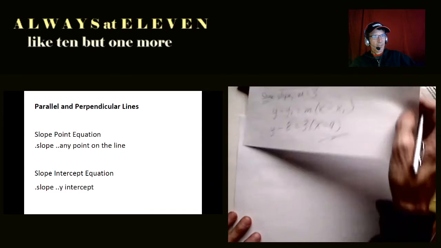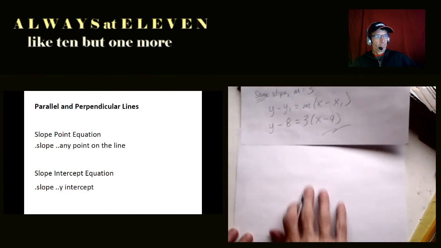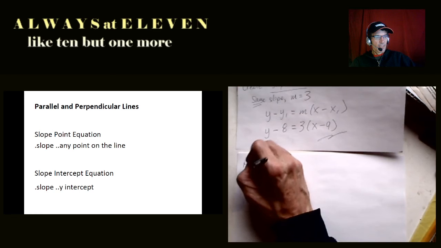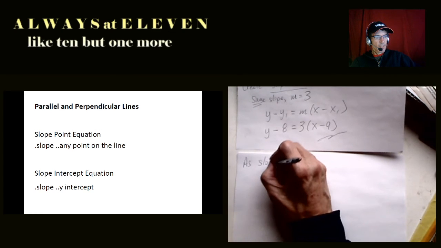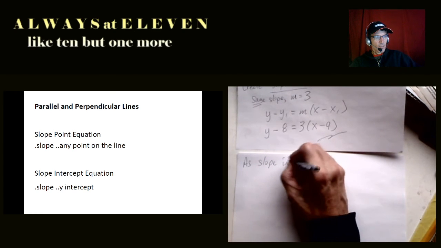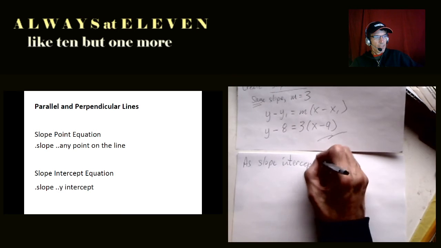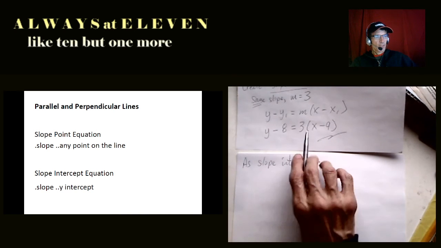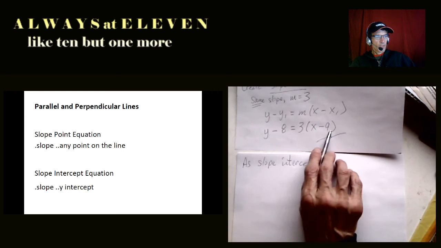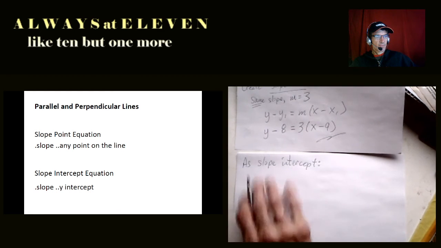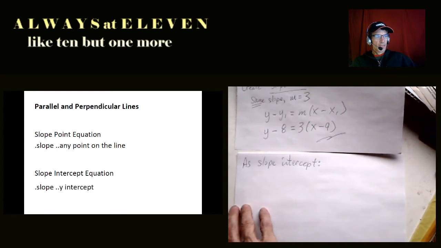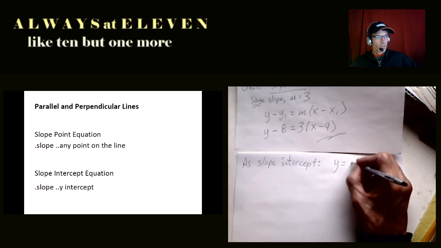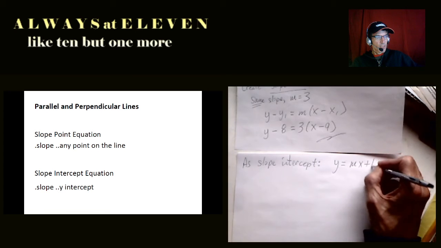But let's take it one step further. As slope-intercept, you multiply it out, as I was saying. So the 3 would multiply through, the 8 would go over, and you get it looking like y equals mx plus b.